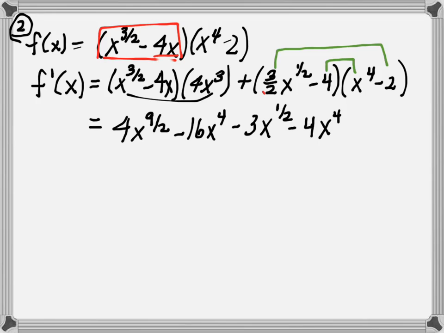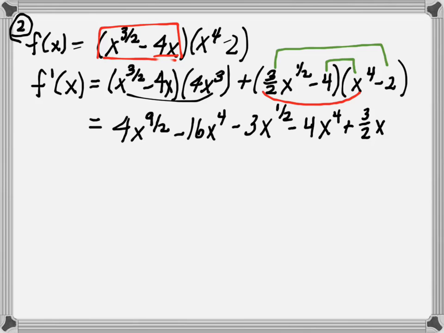Let's do the first terms right here. So I've got 3/2 x to the 1/2 times x to the fourth. What's that one going to give me? Well, we had x to the 1/2 and we've got x to the fourth. So what are we going to do to combine those?